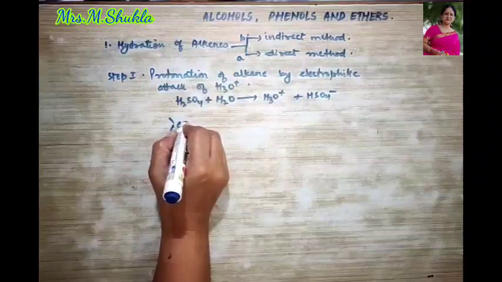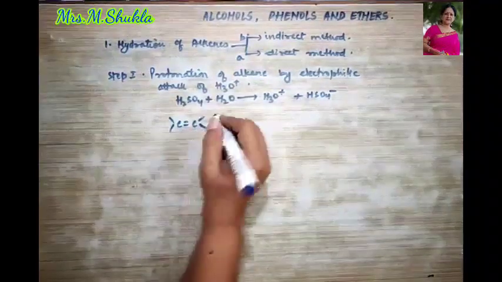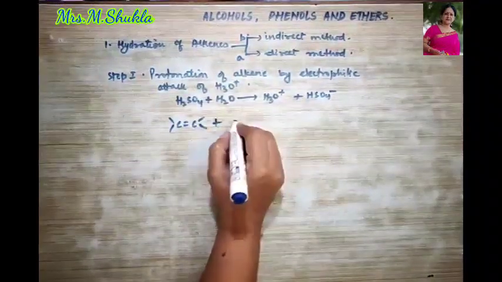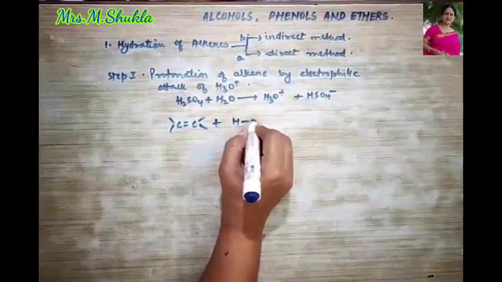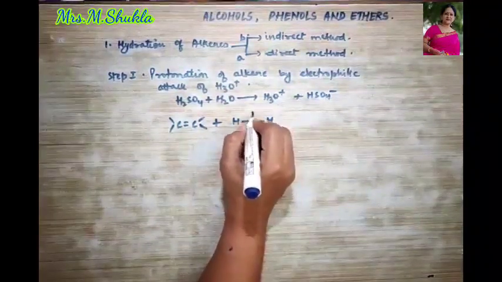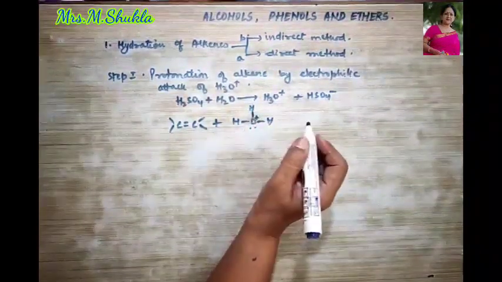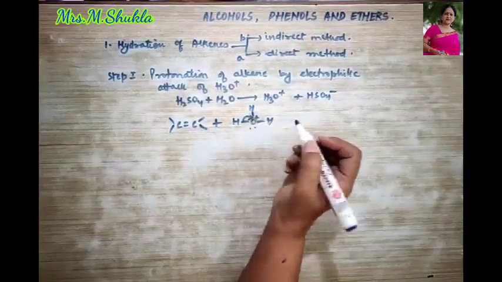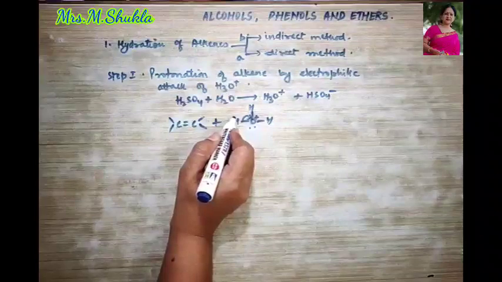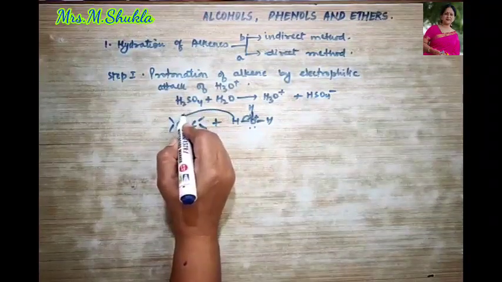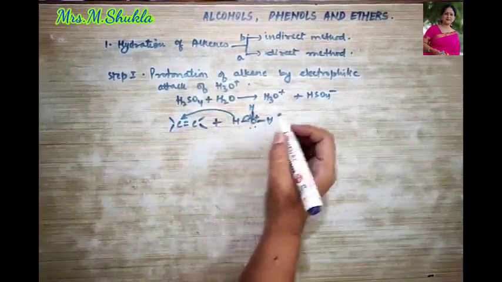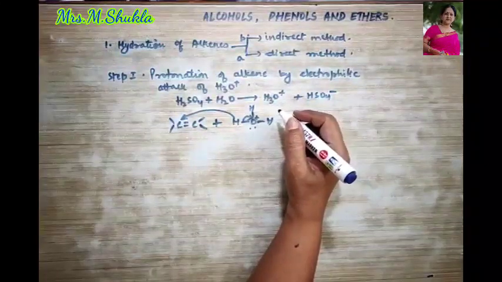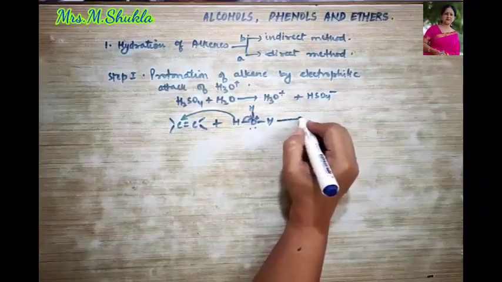Now this hydronium ion is going to attack the alkene. So let us see this. This is the hydronium ion, H3O, but it has a positive charge over it. It will attract the electrons and this hydrogen will move to the carbon, and therefore it is going to form a carbocation.